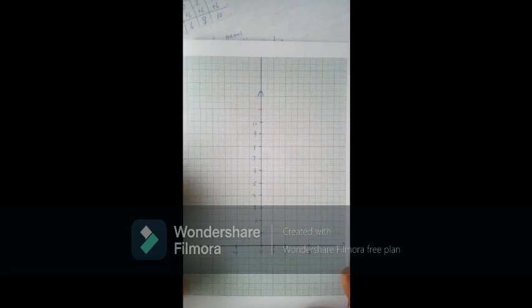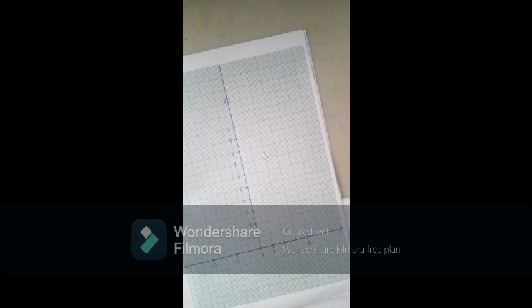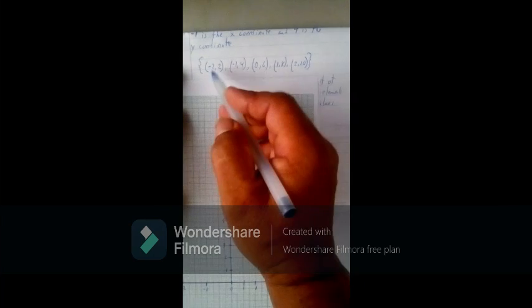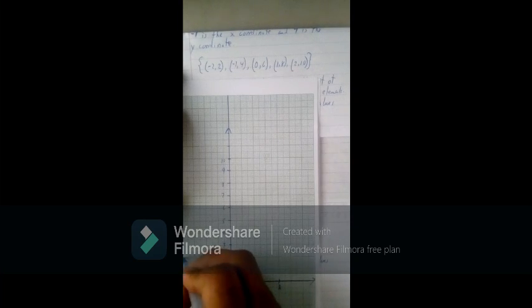Okay, so now I'm going to be labeling my points. I recall the information as to what the points are. So I bring my points here, I bring my graph, and I start plotting my points. According to this, the first point is -2 and 2. So I go to -2 on the x and +2 on the y, which is right here.